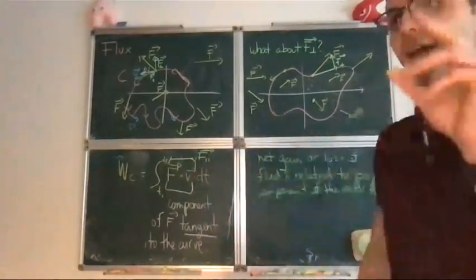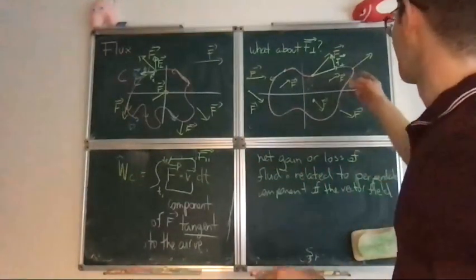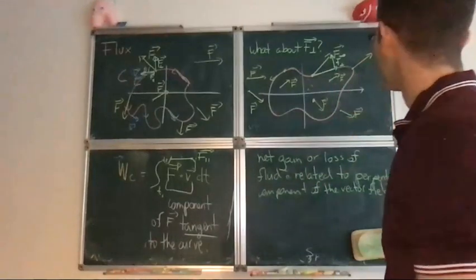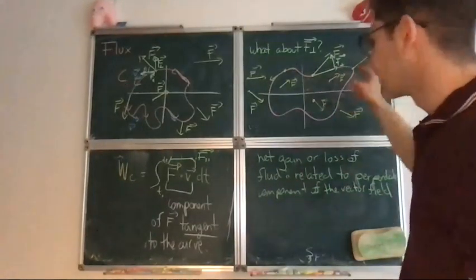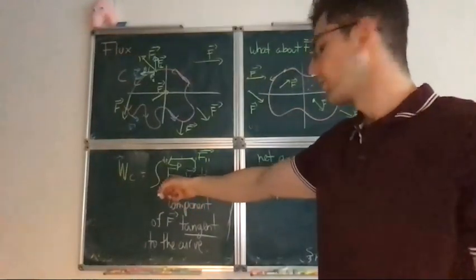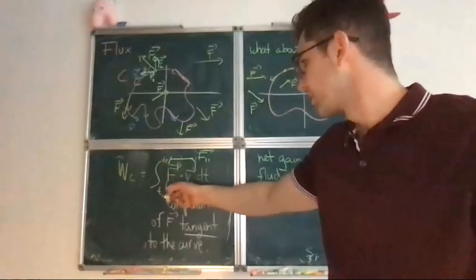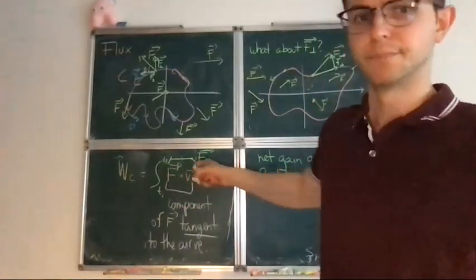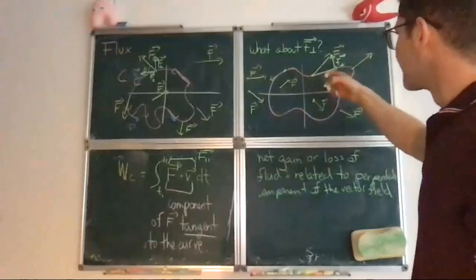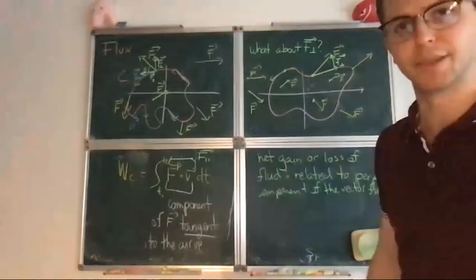You're not losing energy or speed being spent in moving along the curve. So you see, this is why I was saying that this concept is opposite to the one that we were using for curves for computing work, because work only cares about the tangential component, and now from this perspective, what we care about is the perpendicular component.